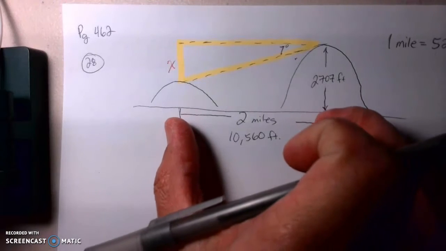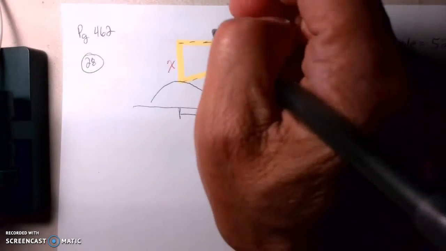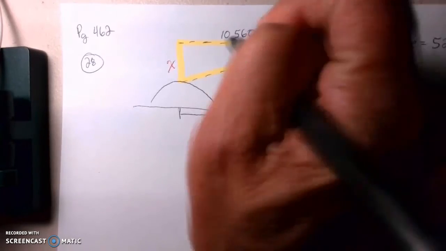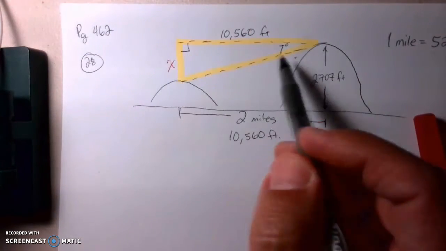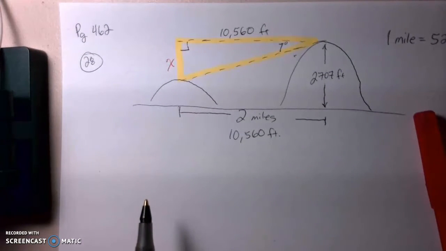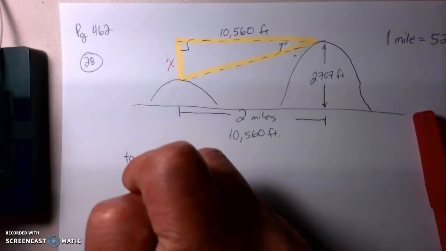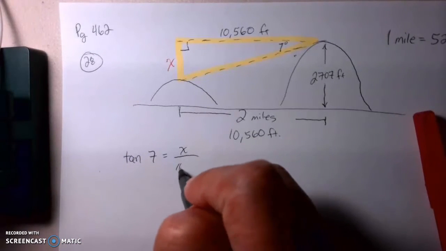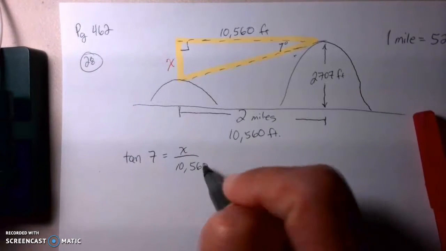Okay, again, this is 10,560 feet, which is right here, 10,560 feet. So if you look at this yellow right triangle here, we've got 7 degrees, opposite, adjacent. That is tangent of 7 degrees is equal to opposite x over adjacent 10,560.